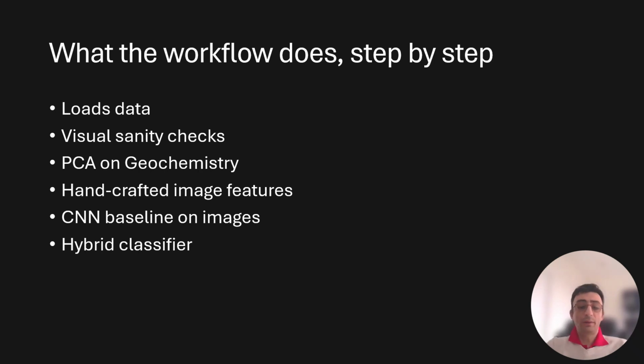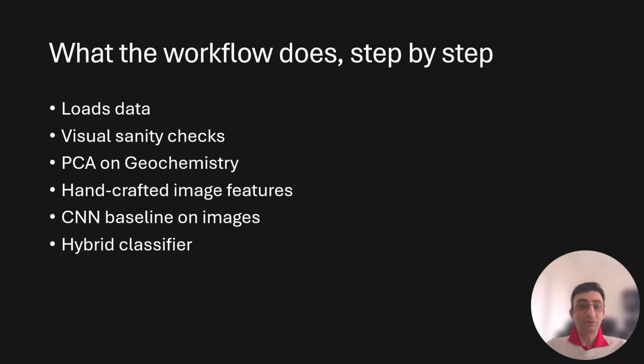What the notebook does step by step: first it loads data with geochemistry, with sample ID, lithology, everything. Then there are visual sanity checks that show images so you can catch weird lighting, rotated trays, or mislabeled files before training anything. Then PCA on the geochemistry: standardize elements, project them to PC1, PC2, and plot by lithology.